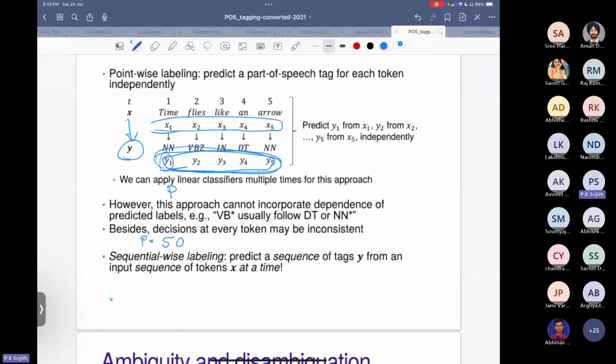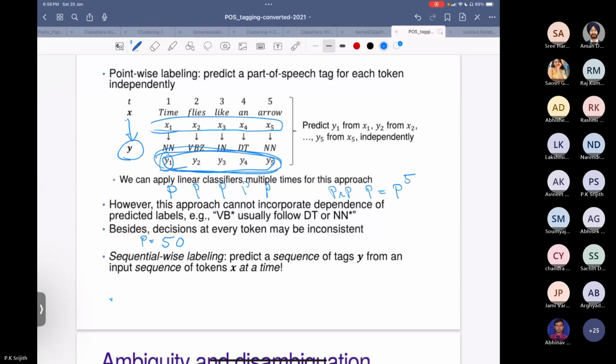Now Y1 can take P possible part of speech tags, Y2 can take P possible tags, Y3 can take P possible tags, right? All these components can take P possible values. So the total number of different classes you have to consider, for this particular example, is P into P into P into P into P, which is P raised to 5.